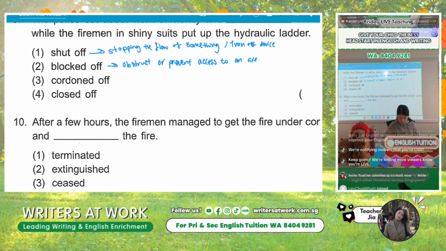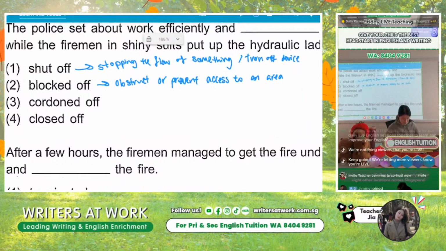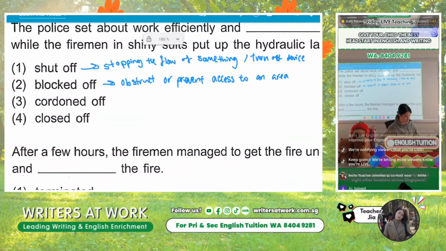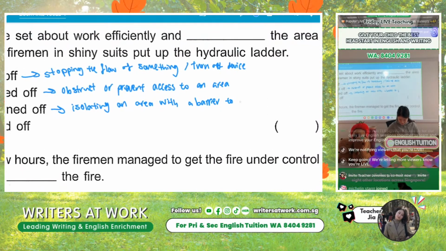Okay, so that's what it means. So we also have condoned off, which refers to isolating an area with a barrel to prevent access.